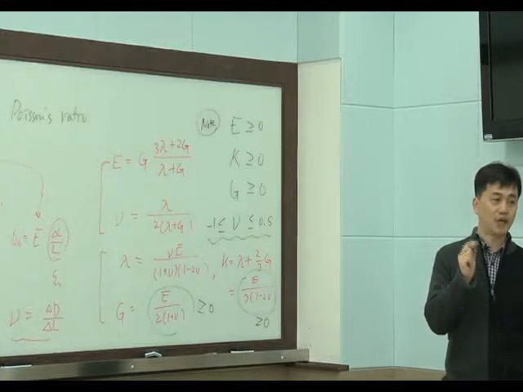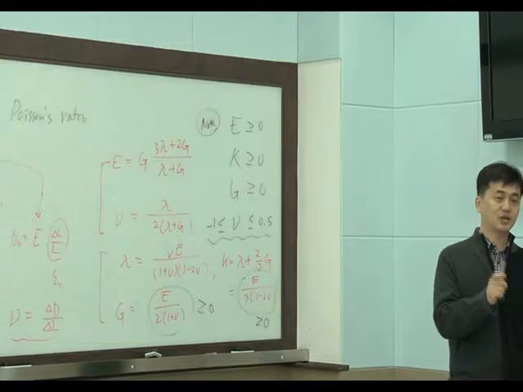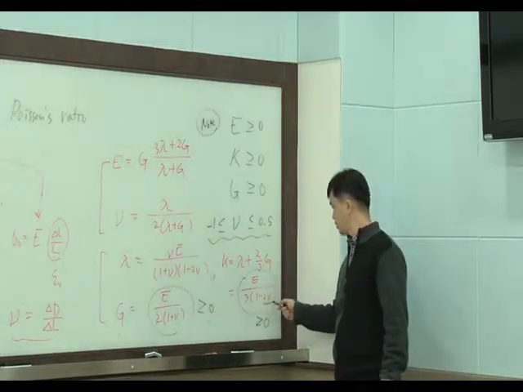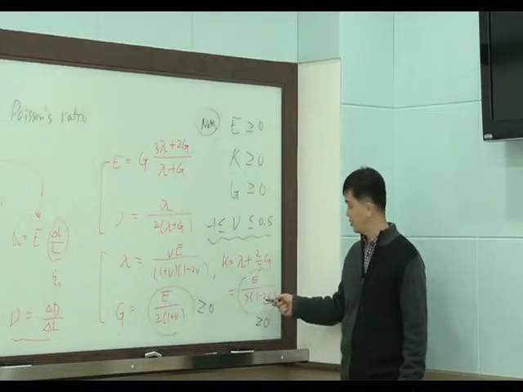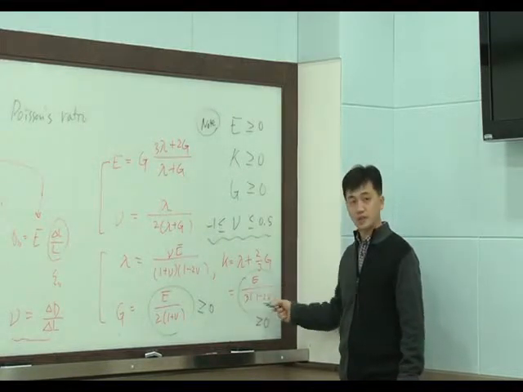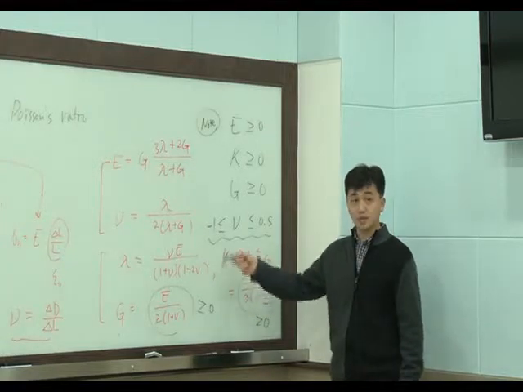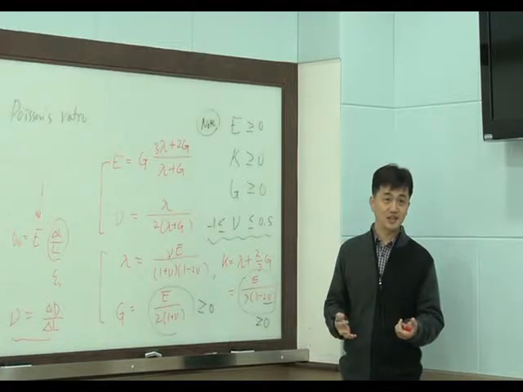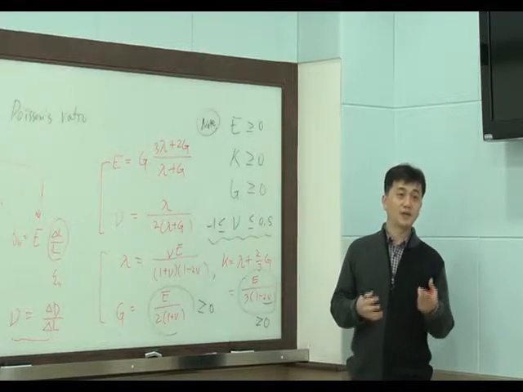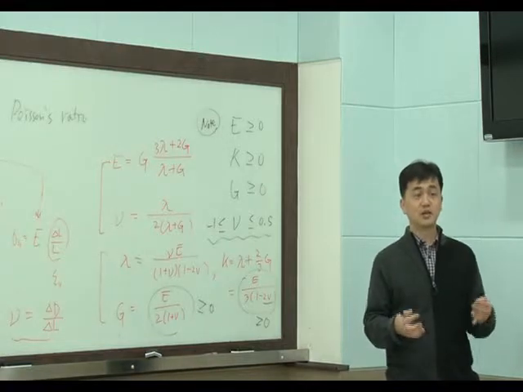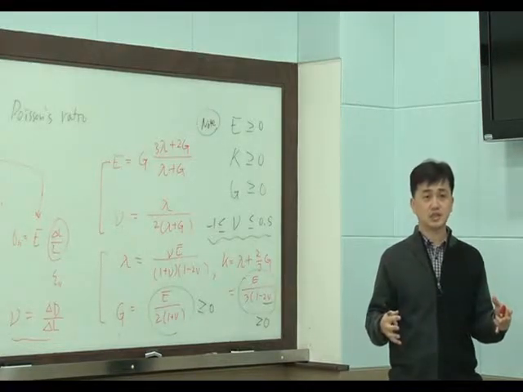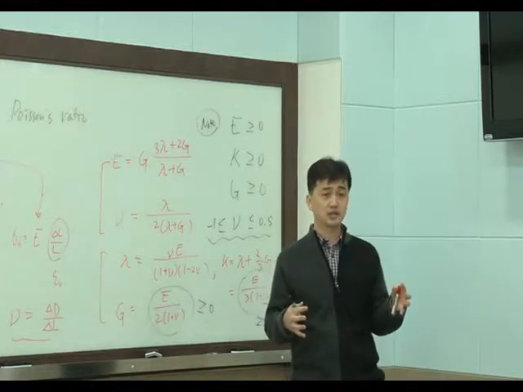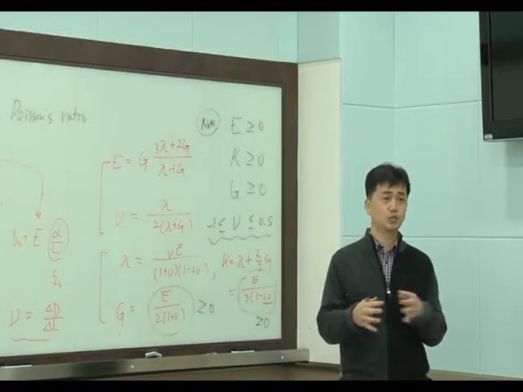So 0.5 is the maximum. When Poisson ratio becomes 0.5, what happens? Poisson ratio is 0.5 here in this equation. Then this part becomes 0, and it means bulk modulus becomes infinity. So the meaning of a big bulk modulus is no change of volume, because resistance to volume change is too big.